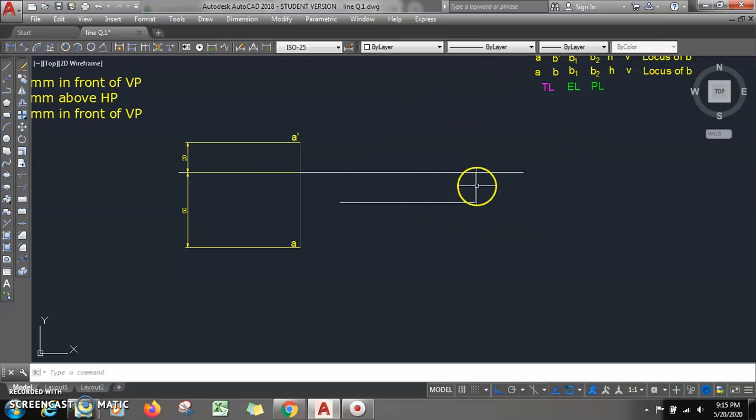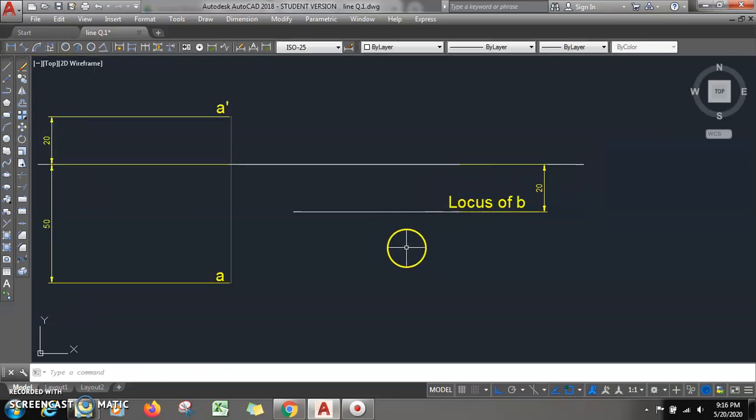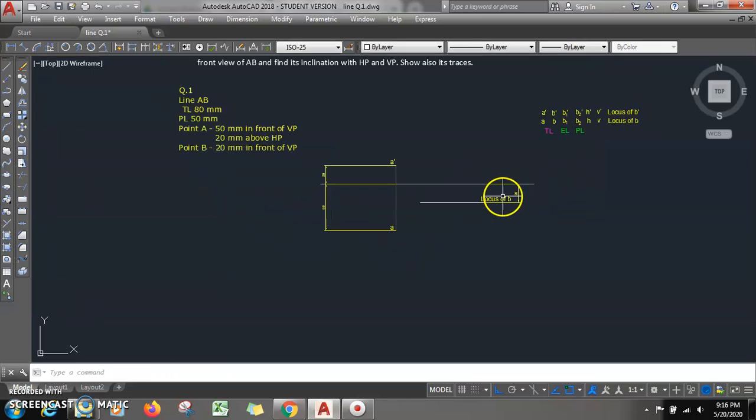This distance is 20 mm, and this line is nothing but the locus of B. Simple.